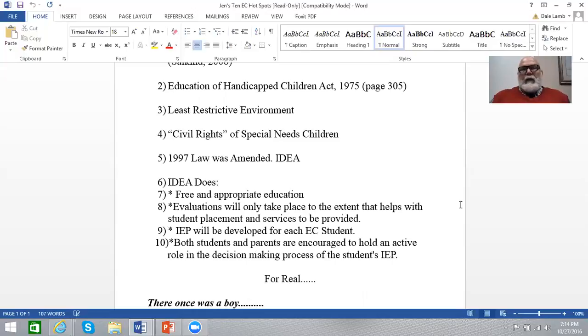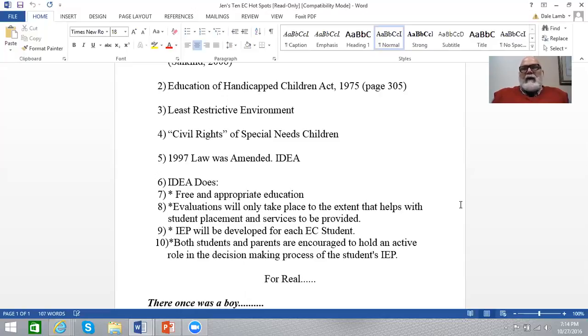No longer do teachers put kids in self-contained and the parents don't have any recourse. No longer do kids get put in facilities because parents have recourse. And that's why I also have that parents' rights book in there. That's kind of the civil rights pamphlet for exceptional children and their parents.